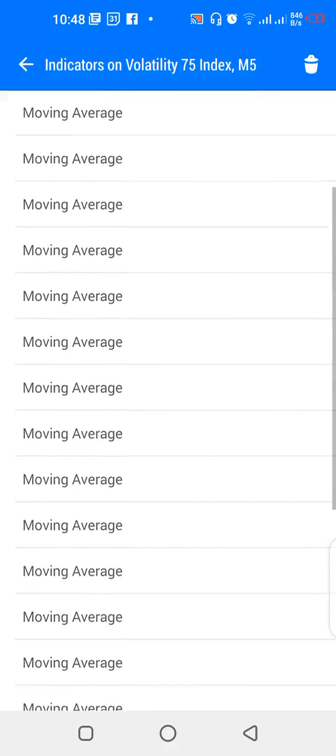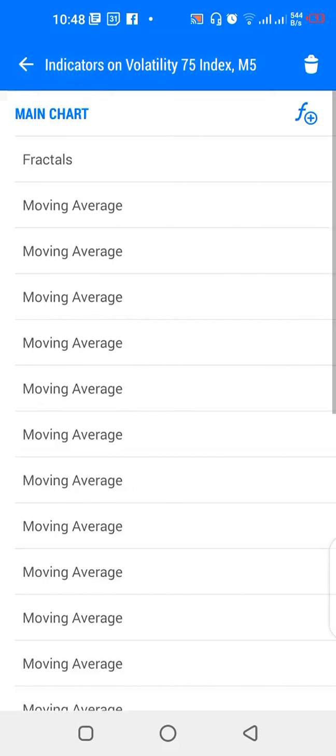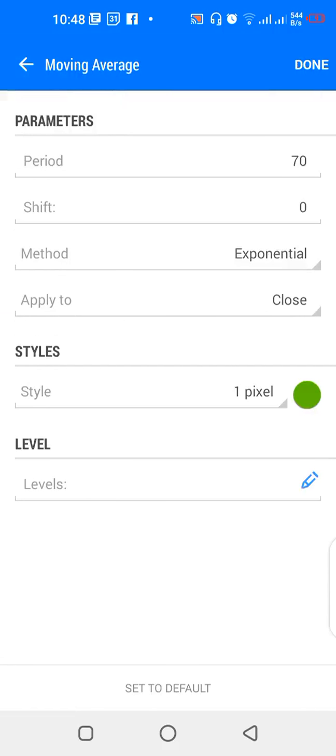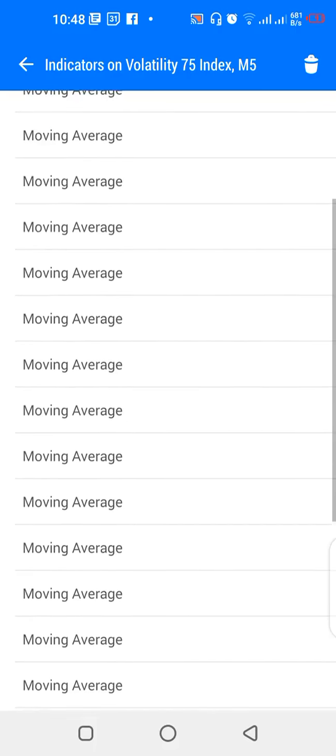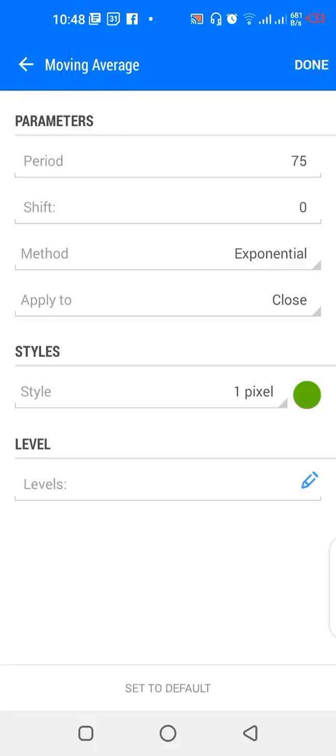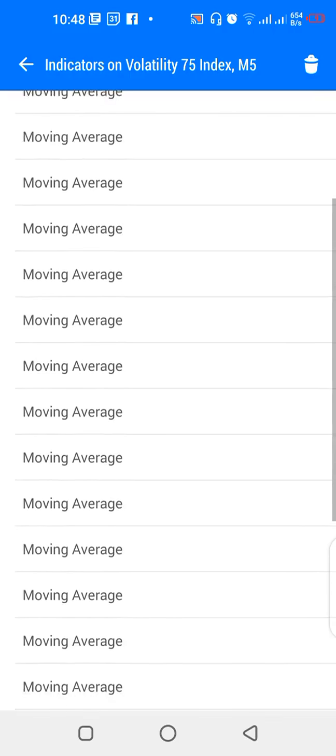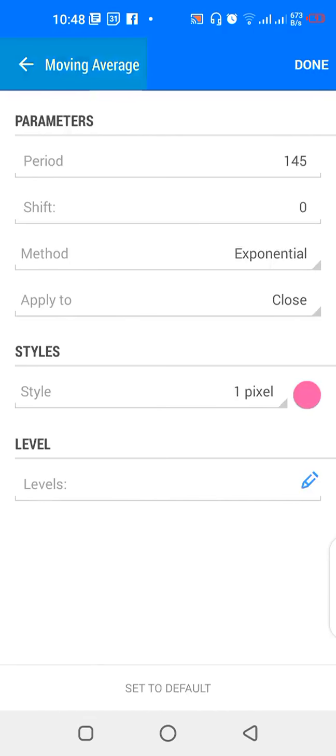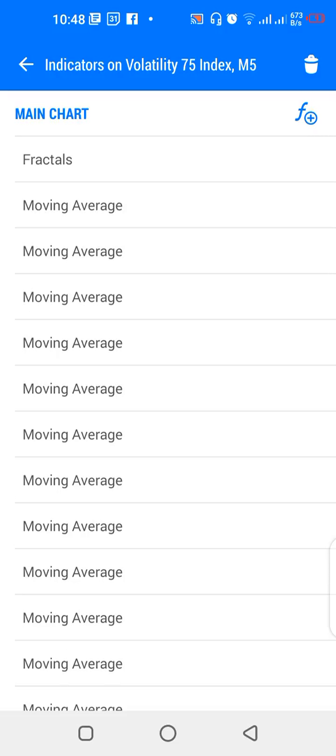The eighth one should be 70 EMA, green. The ninth one, 75 EMA. So all those EMAs are green in color, running 50, 55, 60, 65, 70, then 75.